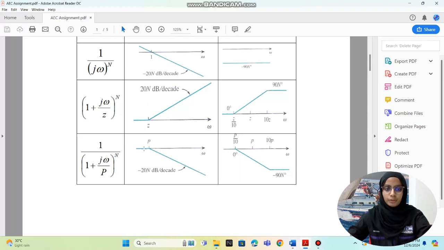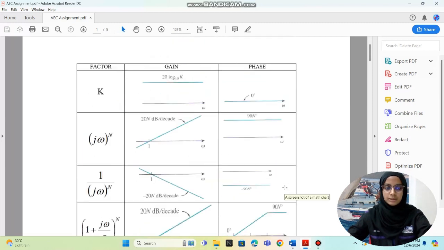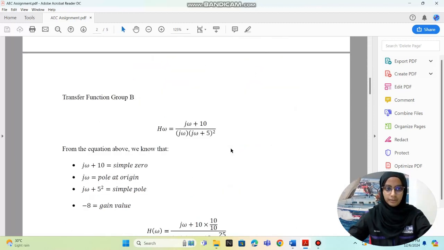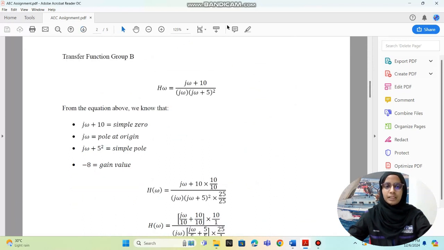The p value you plot here and it will decrease at negative 20n dB per decade. So I've already explained shortly about the intro. So I will move to my calculation part. This is the calculation equation given. You have to change it to a standard form. Simplify it basically.